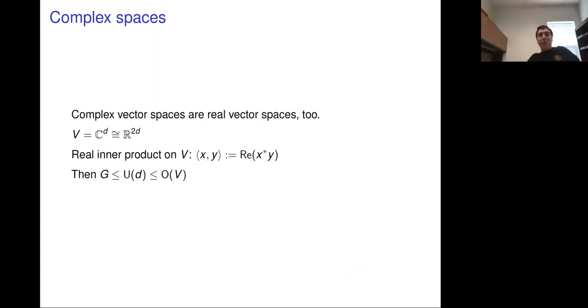So if you have a bunch of unitary matrices acting on CD, you can think of that as a subgroup of the orthogonal group of the corresponding real inner product space. So even though we're saying real inner product space all over the place, we capture this notion of unitary actions on complex spaces, but we just have to think of it in this way. So we're not leaving out these unitary actions, which many times are what we in fact care about.